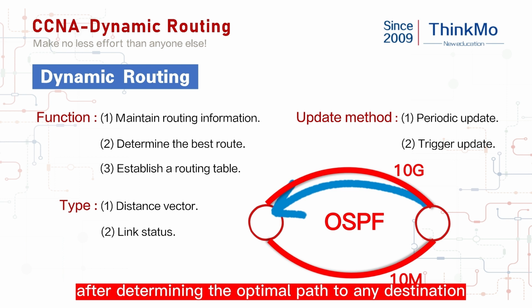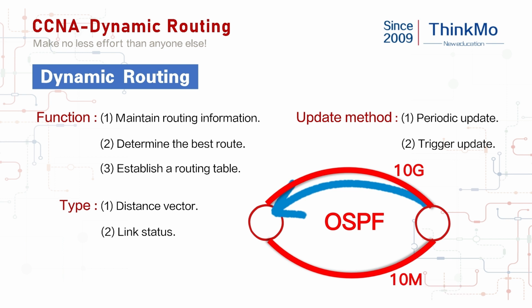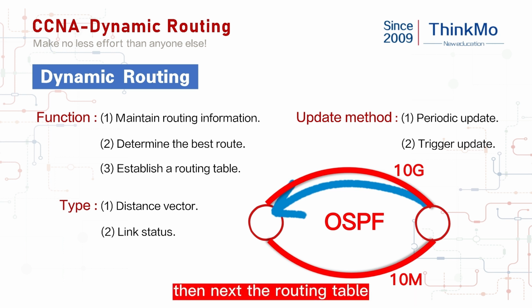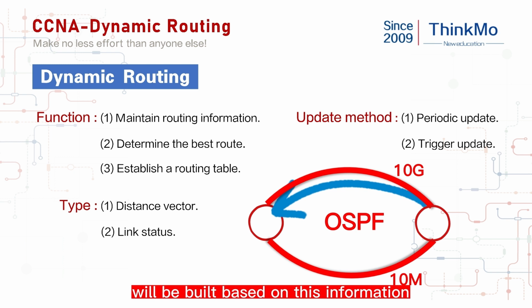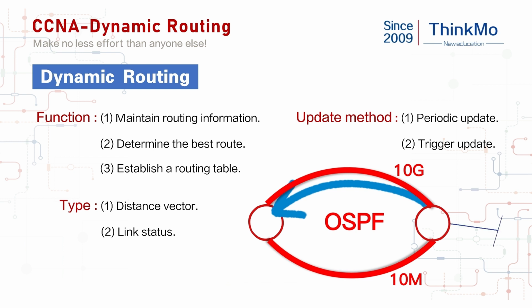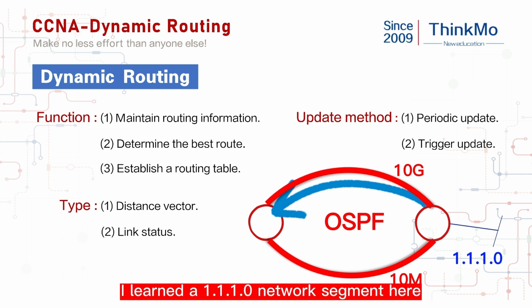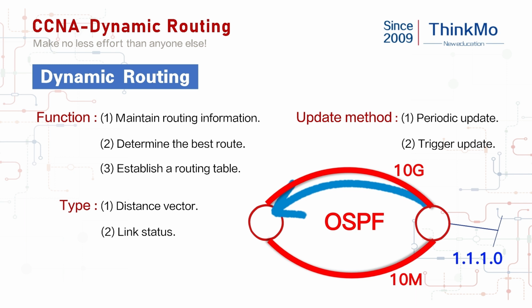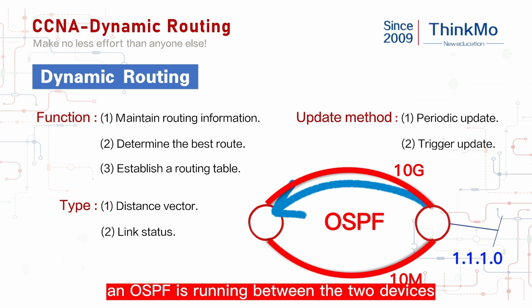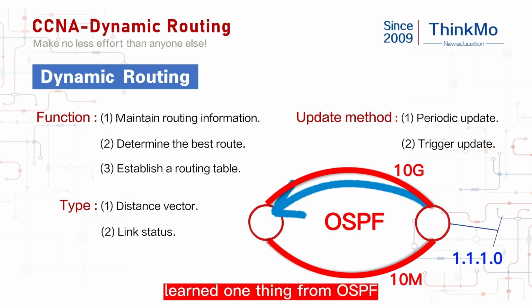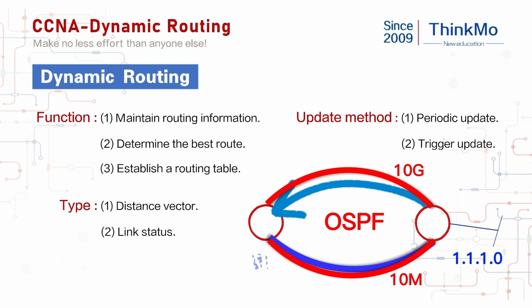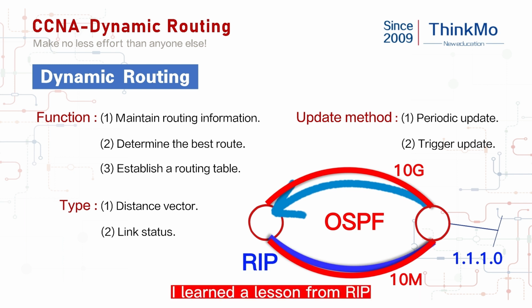After determining the optimal path to any destination, the best route is calculated. Then next, the routing table will be built based on this information. For the same destination network, for example, I learned a 1.1.1.0 network segment here. An OSPF is running between the two devices and I learned one route from OSPF. Run another RIP, I learned one from RIP.